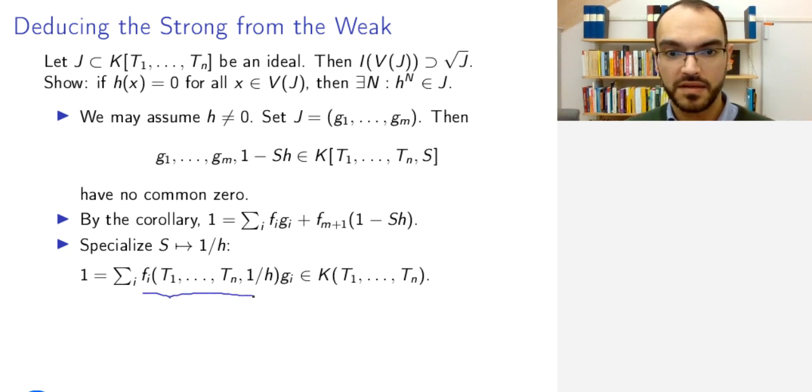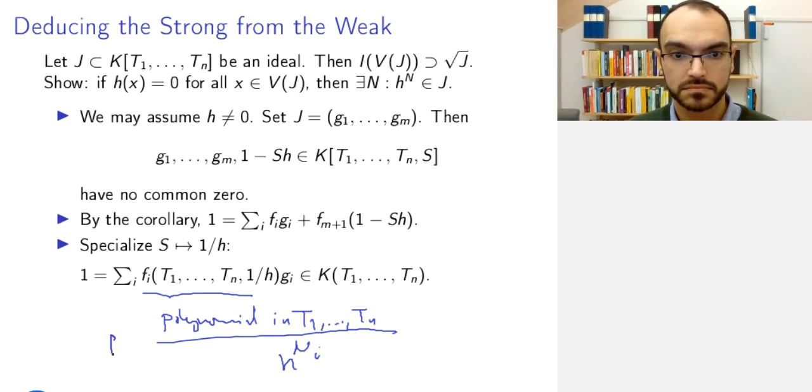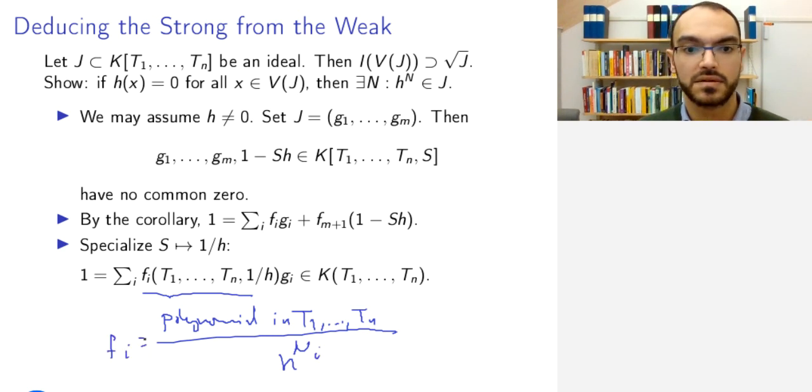So these fi will look like some polynomial in t1 to tn divided by some power of h. Right?